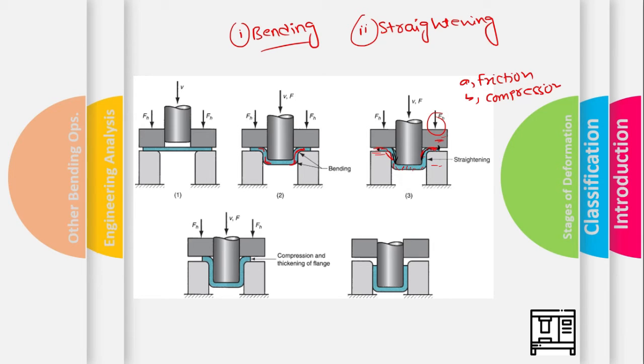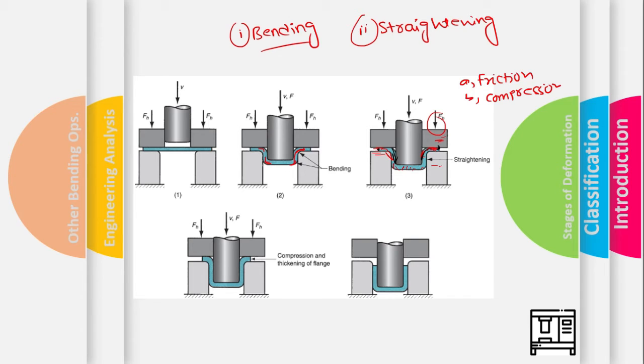And because, as we know, the volume remains constant in this whole process, the metal is squeezed and becomes thicker as the perimeter is reduced. So with the reduction of perimeter, the material becomes thicker and thicker, because the volume remains constant throughout the whole process.